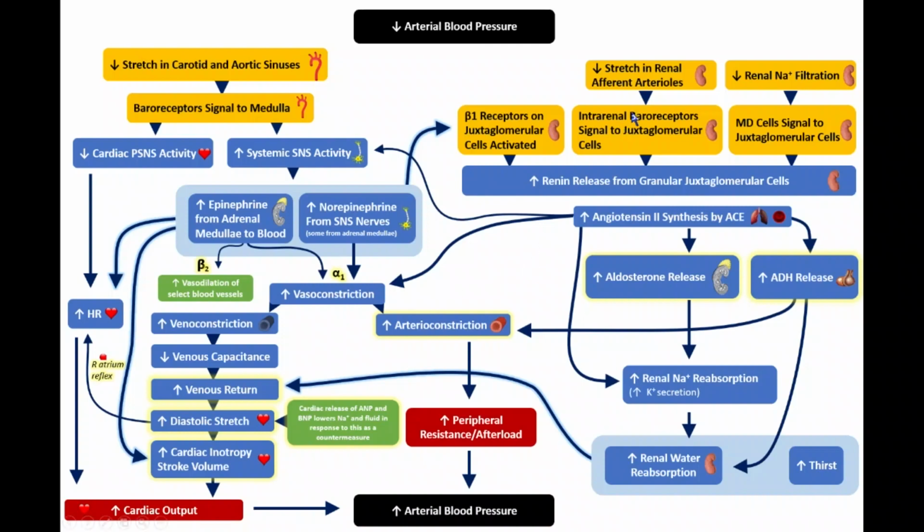The other side of the story is related to the kidneys. All these up here, these 5 different boxes in yellow, are related to what's going on in the kidney, and even as we go further down, it's a lot of kidney stuff. The kidneys have stretch receptors or baroreceptors just like the aorta and the carotid arteries.